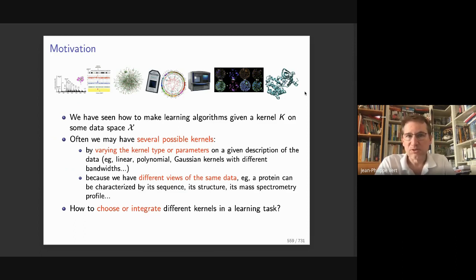And a protein can be described through, for example, its amino acid sequence, then it's a text, or it can be described by its 3D structure, then it's a shape, or it could be described by its position in a protein-protein interaction network, and then it's a node in a network, right? So for each of them, we have seen different kernels, and the question is, at the end of the day, when you want to train your model to predict the function of the protein, what do you do? Which kernel do you choose? How do you combine them, etc.?